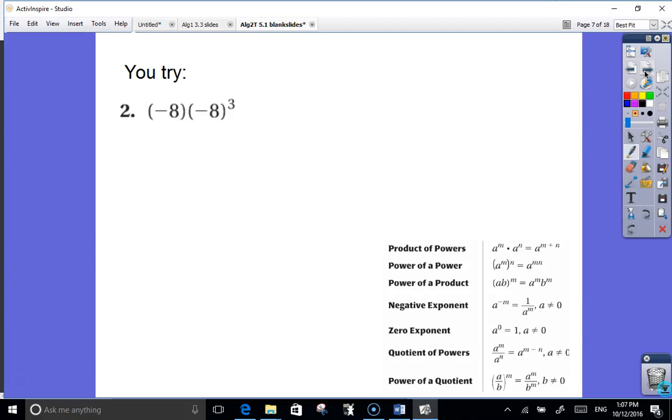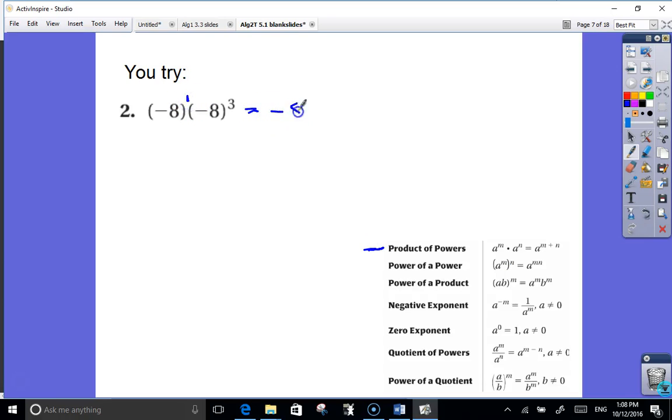Which is the property? Say again? Power of a product? I don't see that as a... Oh, power of a product? No. That would be when you have parentheses raised to an exponent. The product of powers, right? It's the first one. Okay, but what is the exponent on the first negative 8? There's a 1 there. You don't see it, but it's there.